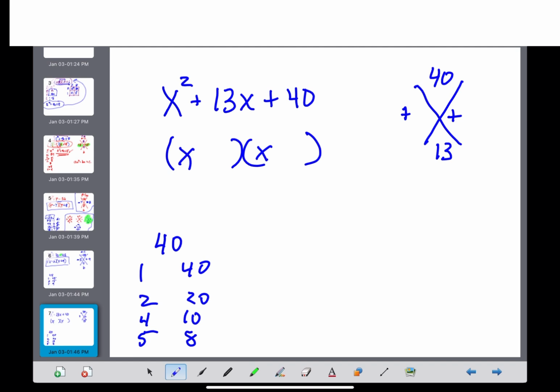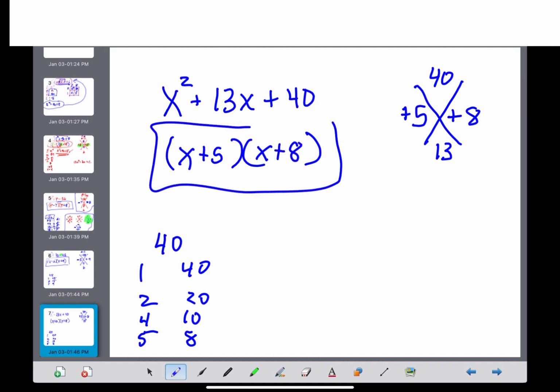We need them to add up to be 13, right? Which ones add to be 13? 5 and 8. You put 5 and 8, you put 8 and 5, does it matter? Does not matter at all. You could put it either direction. So it's x plus 5 and x plus 8. That's your factored form for that.